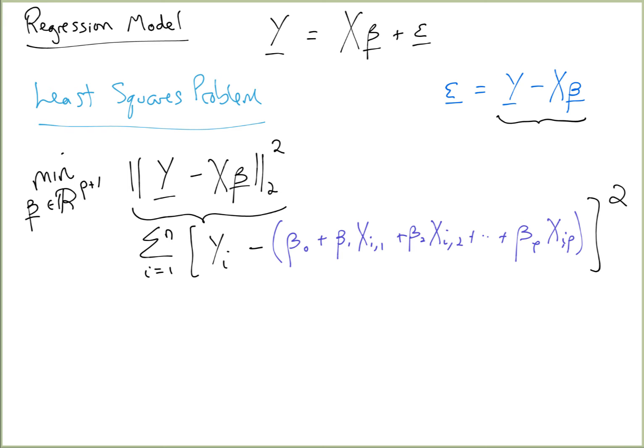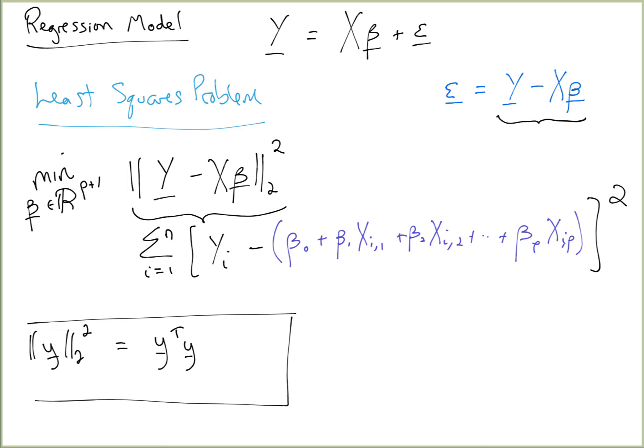Now we know we can rewrite the square of a 2 norm of a vector in a clever way. So if you have a vector, say y, and we look at its 2 norm squared, we can write that as the dot product of y with itself. And so we use that here to rewrite our optimization problem in this way.